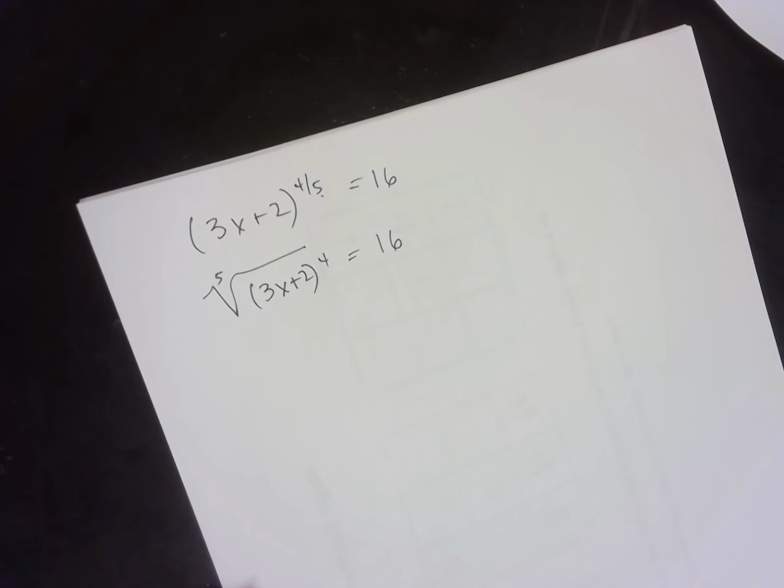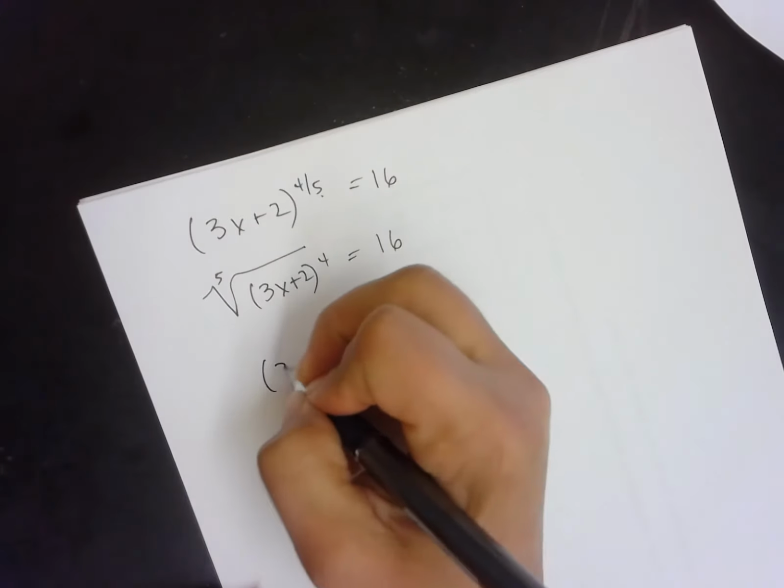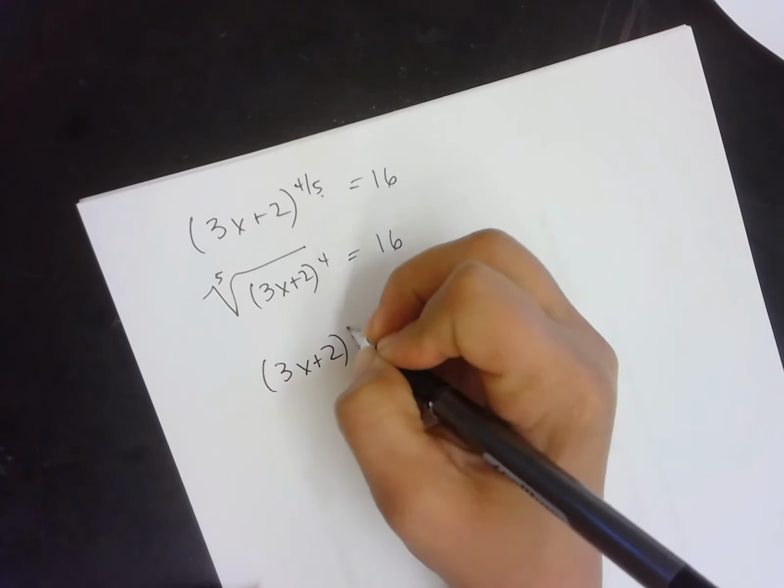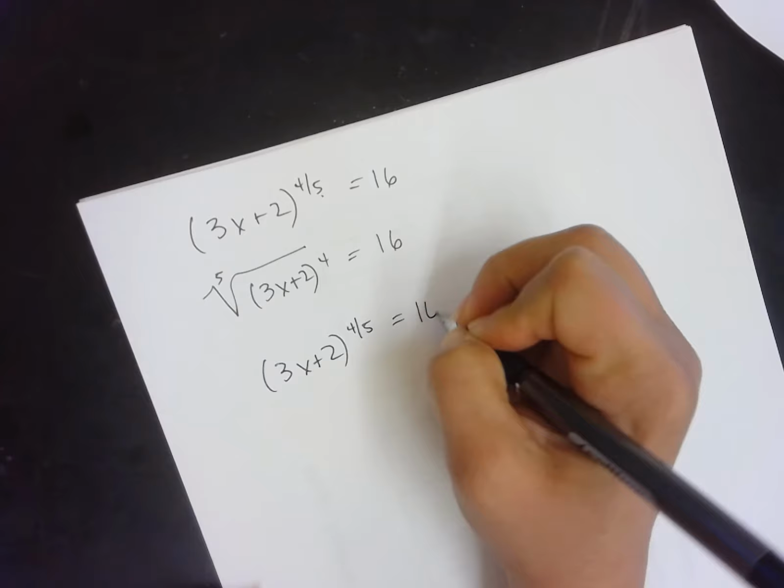Now I can't just multiply in the 5/4, so really what I need to do is raise both sides, because that's the part where I end up multiplying my exponents. I raise both sides to the reciprocal power that I'm starting with. So my (3x + 2)^(4/5) equals 16.